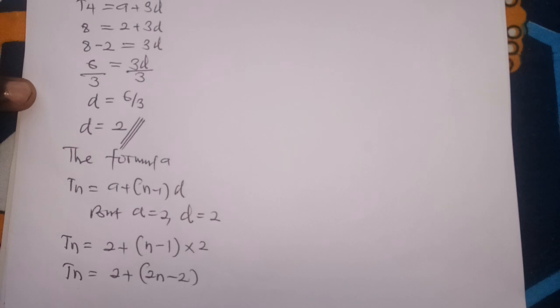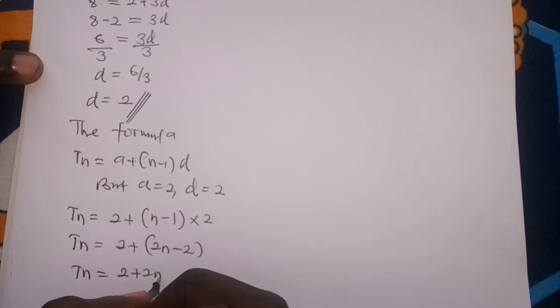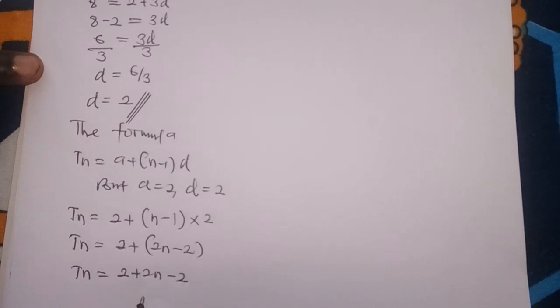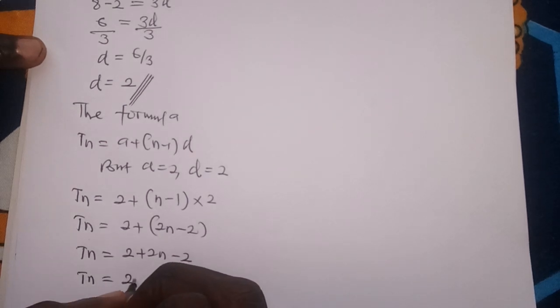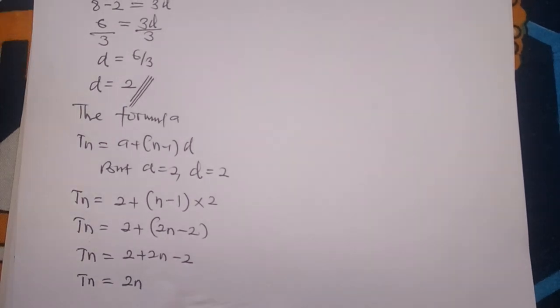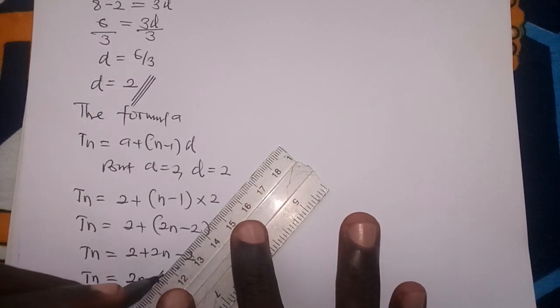Automatically the nth term becomes 2 plus 2n minus 2. But we know 2 minus 2 goes, it means 0. Then the nth term that we are asked to find automatically becomes 2n. So this is the formula that we are asked to find in regards to the first problem that we are given. Now let's look at B.